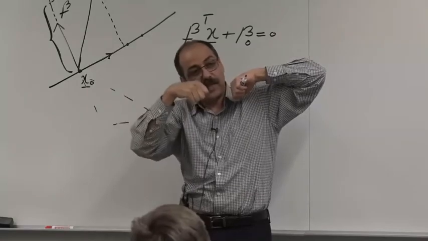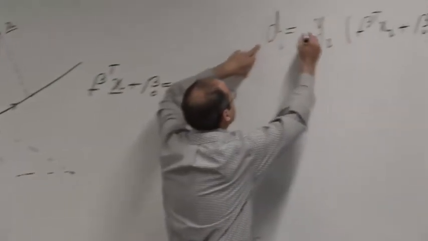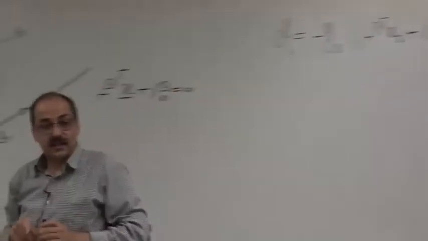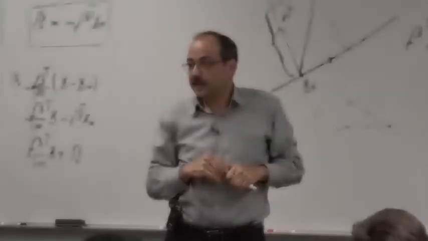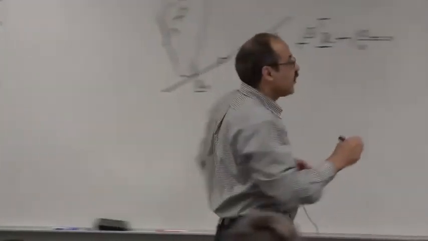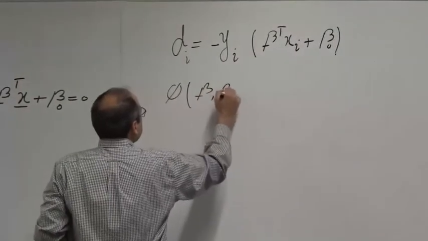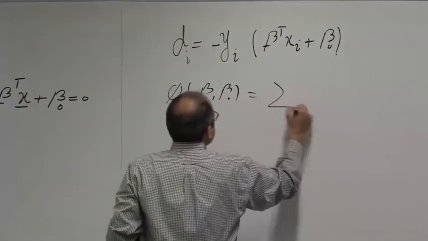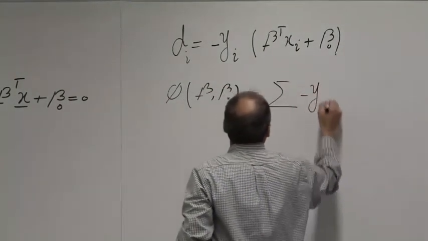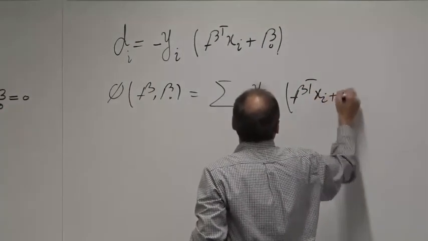The negative label is on the positive sign. So for a misclassified point, actually the distance is negative yi beta transpose x. And then my cost function, which is a function of beta and beta null, is simply the summation of this: minus yi times beta transpose xi plus beta null.